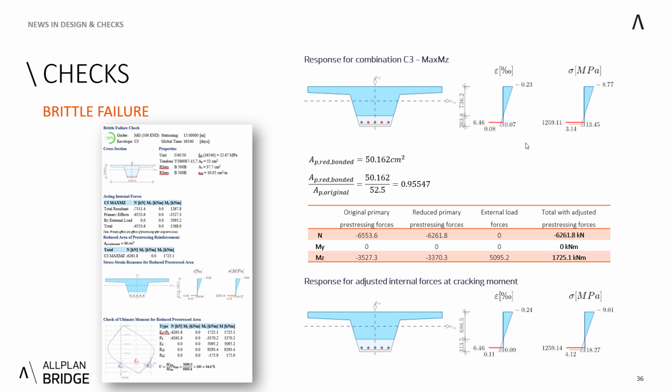Let me briefly explain what is going on. When we do the ratio between this reduced and the original value of the pre-stressing area, we need to adjust the pre-stressing primary forces. Those were in the table the original primary pre-stressing forces, which can also be seen here. Then we apply this coefficient to them, and we get reduced primary pre-stressing forces.